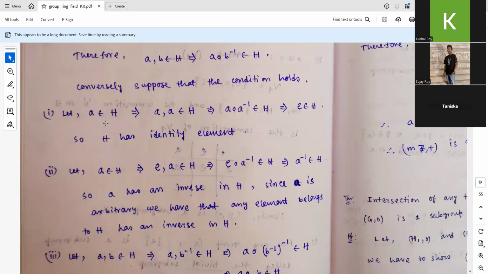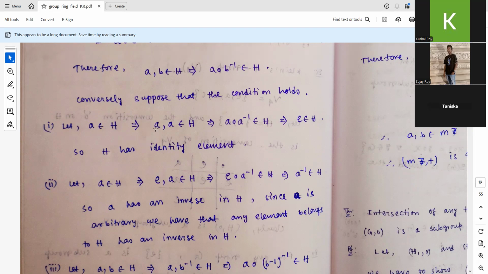First, let us consider any arbitrary element A from H. Since A belongs to H, we can write A twice. Let us consider A twice.